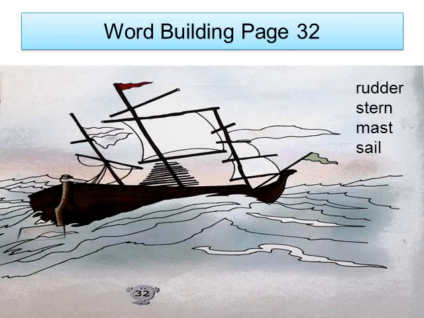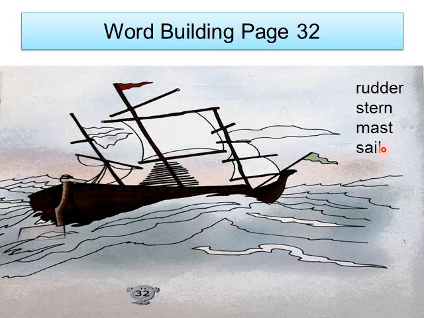Now, open your textbook at page 32. You have a picture of a boat, and in the box there are some words like rudder, stern, mast and sail, and you have to label these parts, right?